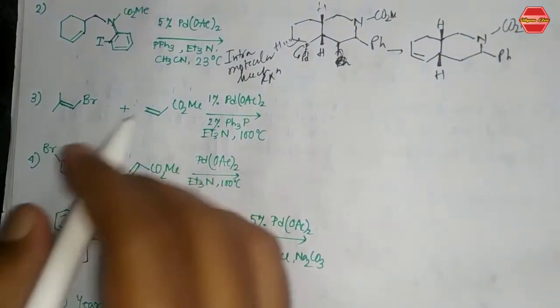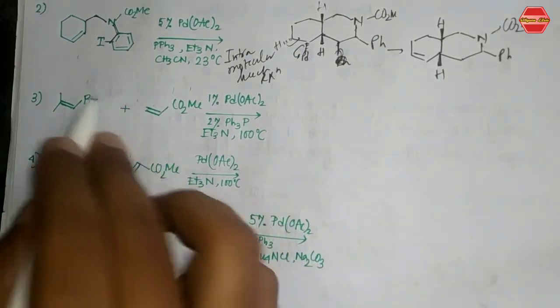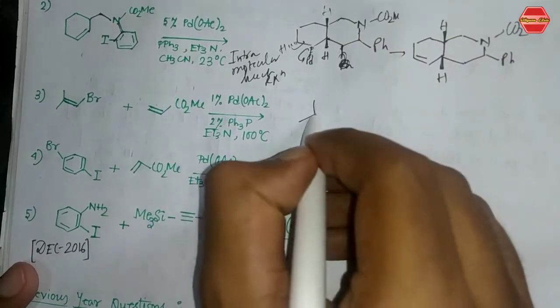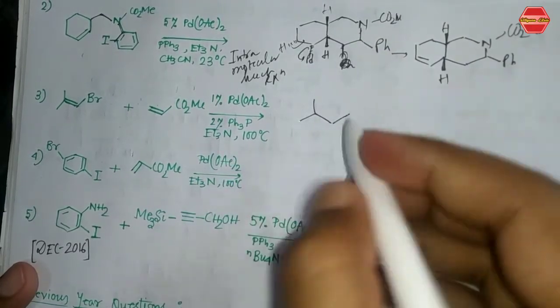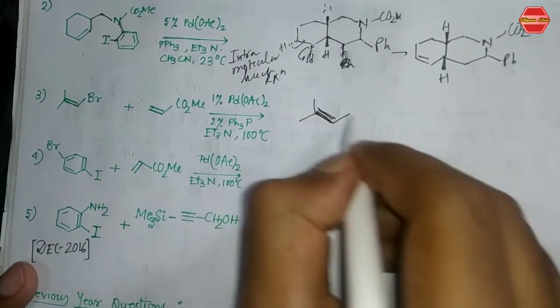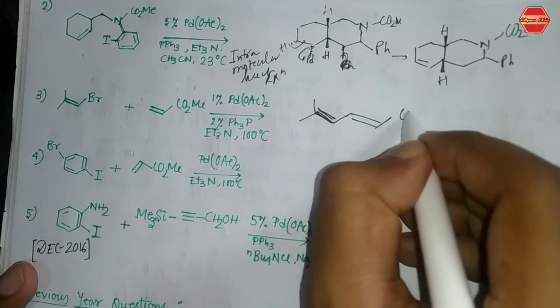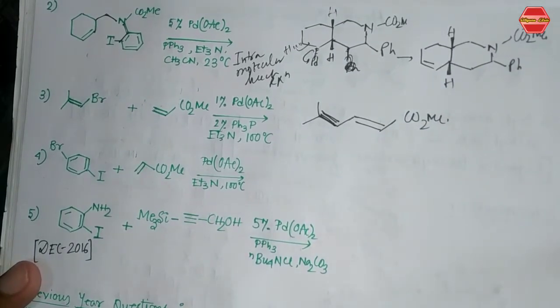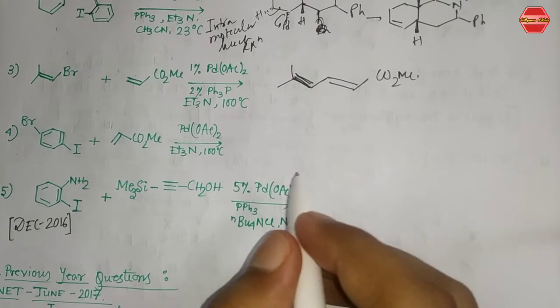Now let's see another compound that we have. Similarly, this bromine will exchange with the palladium, and finally the product that you get is this one, CO2Me, like this, right? So this is our major product.